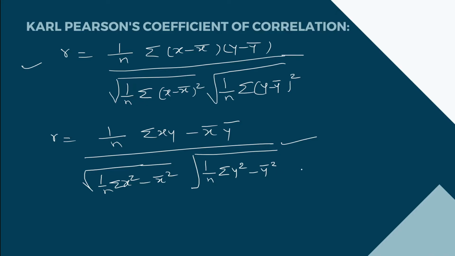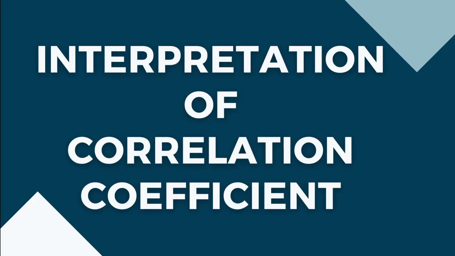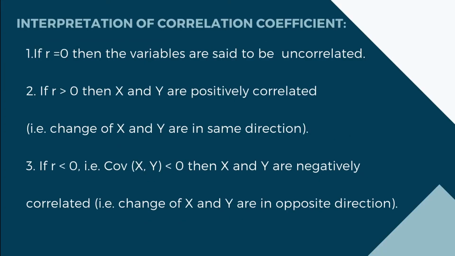Now, we will discuss the interpretation of correlation coefficient. After calculating the value of r, depending upon the value of r, we can interpret the significance of correlation coefficient. For example, suppose we get r equal to 0, then the variable x and y are said to be uncorrelated, means there is no correlation between the two variables x and y.